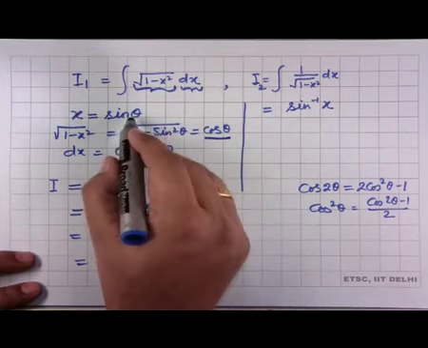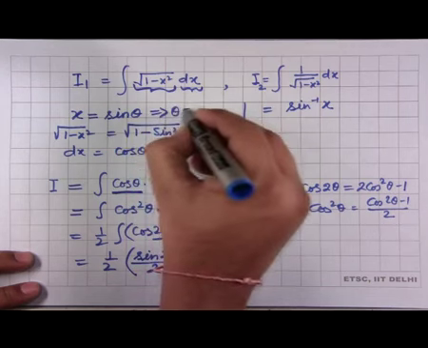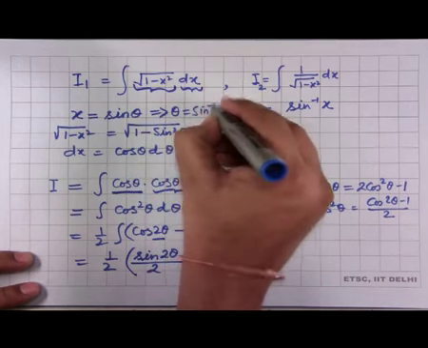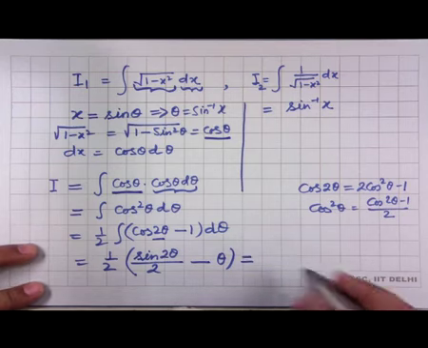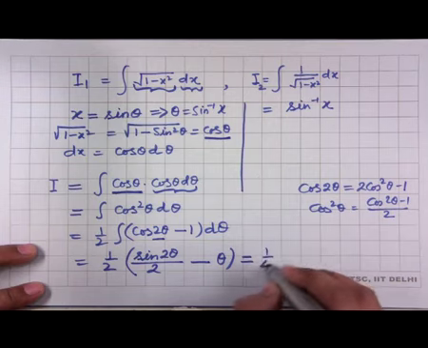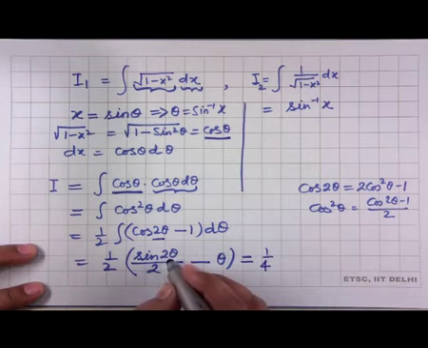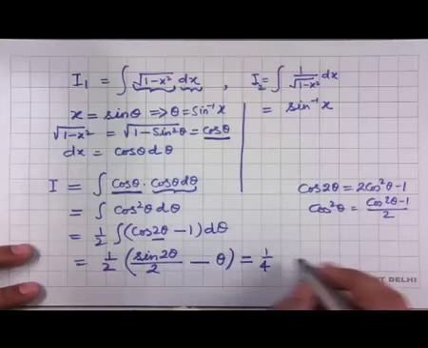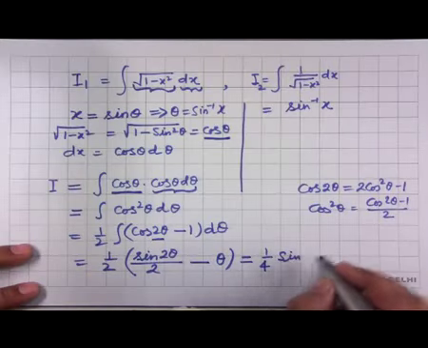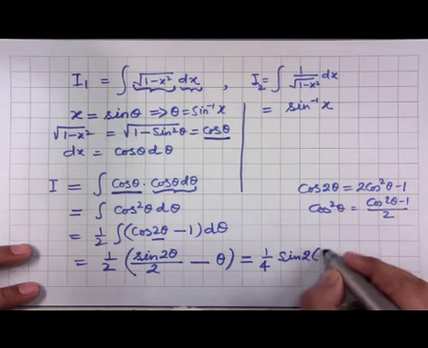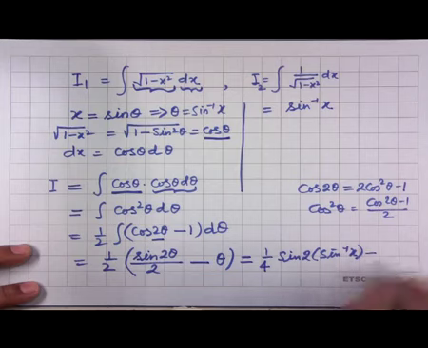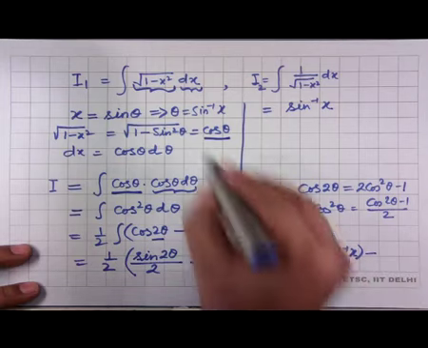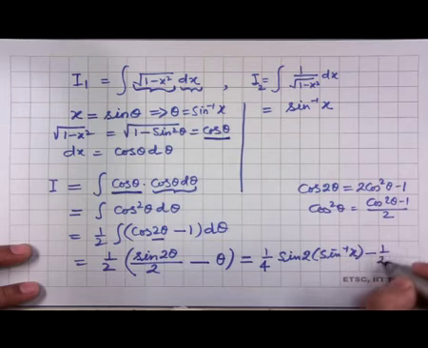But what is theta? I can solve it from here: theta is nothing but sine inverse x. Therefore, this is written as 1 by 4 sine 2 theta, that is, sine of twice sine inverse x, plus theta by 2, and theta is nothing but sine inverse x, so plus 1 by 2 sine inverse x.